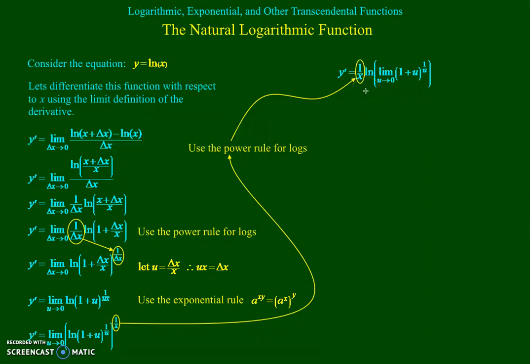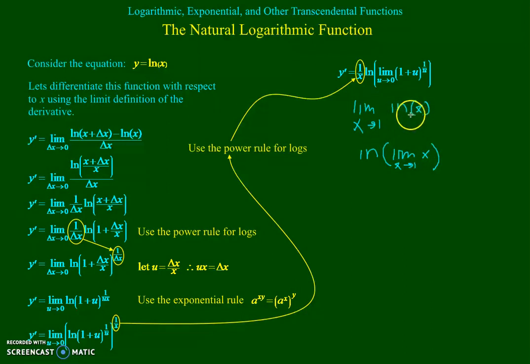And the property that we're using there is akin to this idea, that if we have the limit as x approaches 1 of ln of x, that's the same as saying the natural log of the limit as x approaches 1 of x.